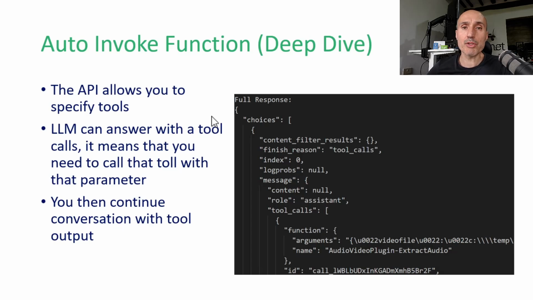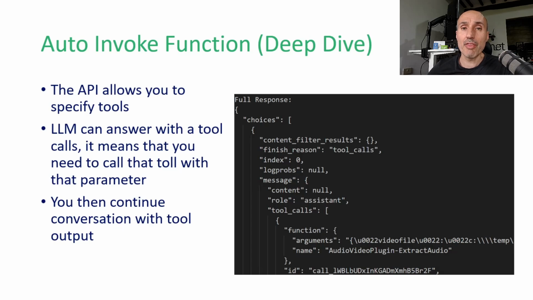In this situation, the response of the large language model has the role assistant, but instead of giving you a message, it gives you tool calls. So it is telling you that you need to call a tool to solve the user problem. And the finish reason is tool call, so you can understand from the finish reason parameter which is the type of response.